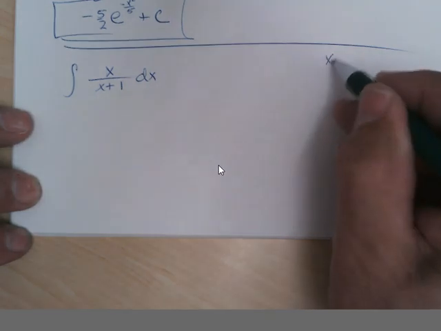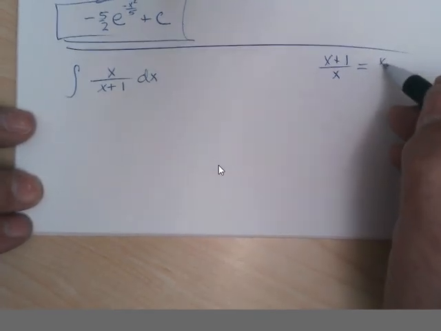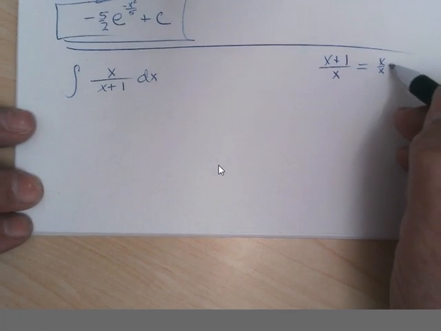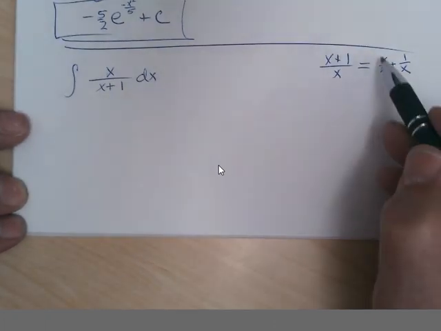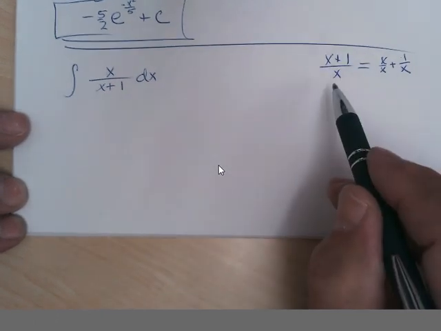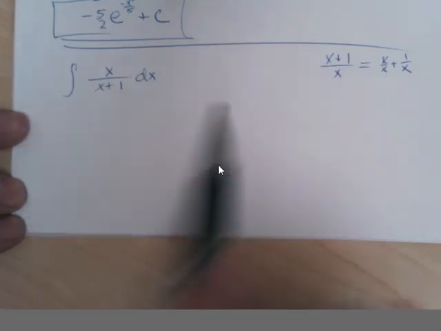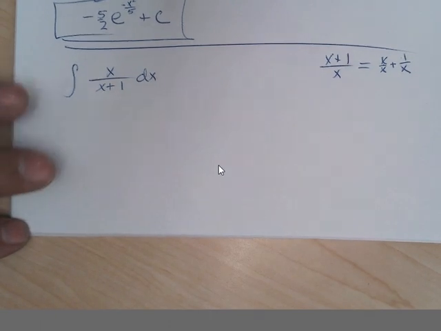If it was x plus 1 over x, you could split that to x over x plus 1 over x. And then integrate 1 and integrate 1 over x, and you would be fine. Find the antiderivatives. But you can't split it when the sum is in the denominator.